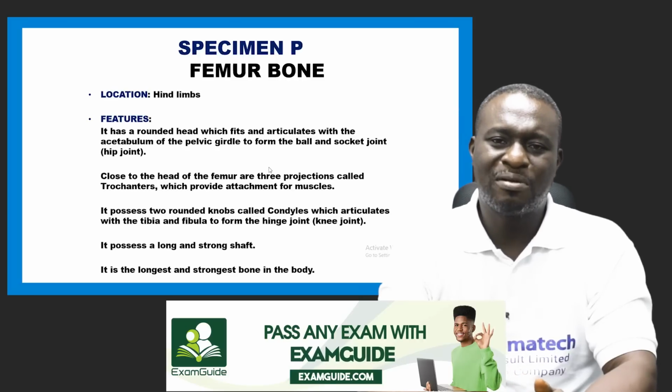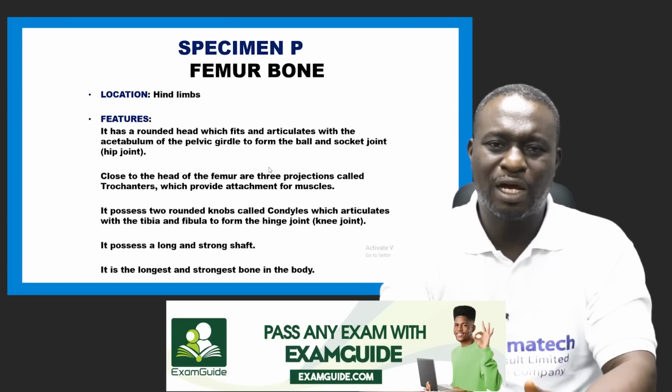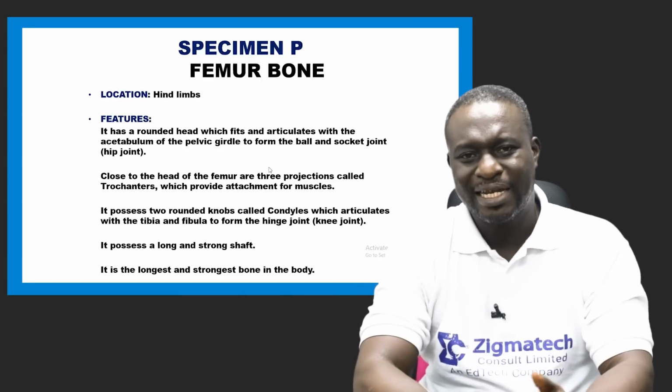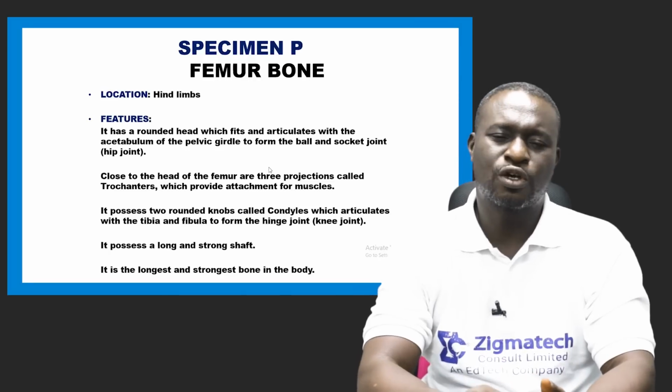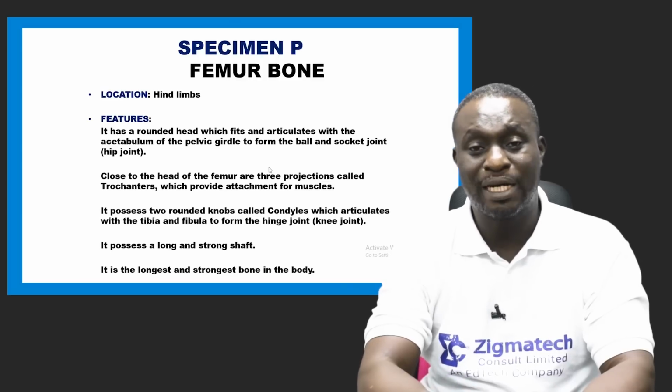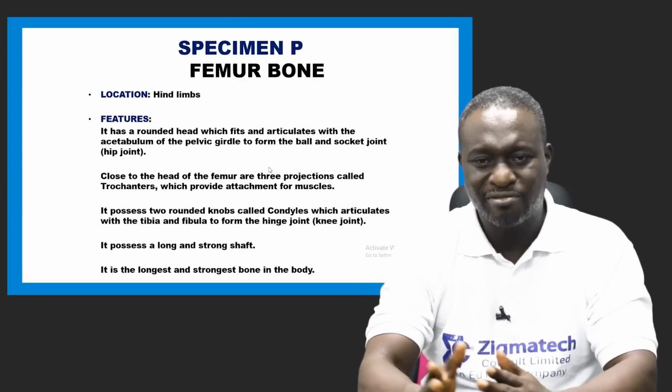And then after the tibia and fibula, we have the ankle bone, which is called the tarsals, and then we have the feet bone, which is called the metatarsals, and then we have the phalanges, which is actually pentadactyl. That means 5 digits.